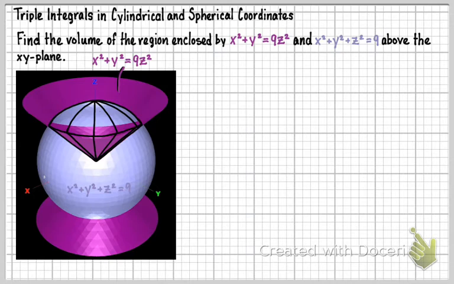Now notice the cone is x squared plus y squared equals 9z squared. And one thing I want to point out there is if I divided both sides by 9, that would give me my distance of that cone, where z equals 1. So we're going to have this triple integral.